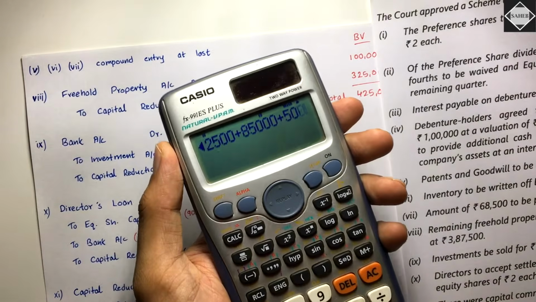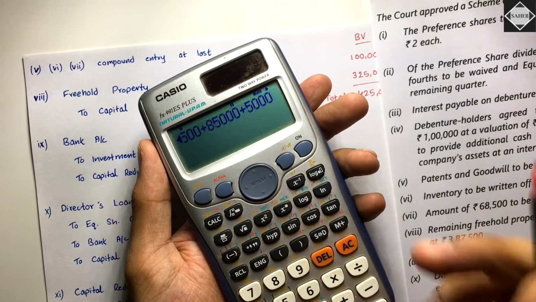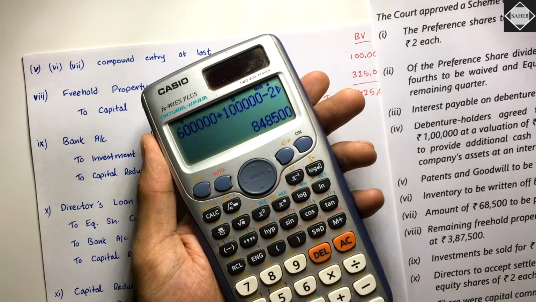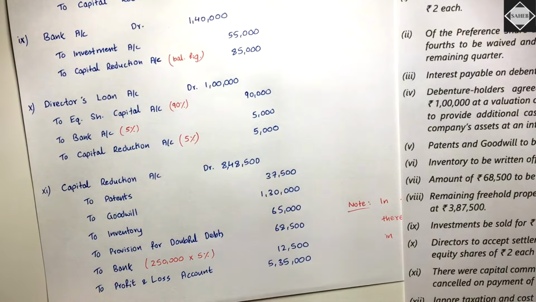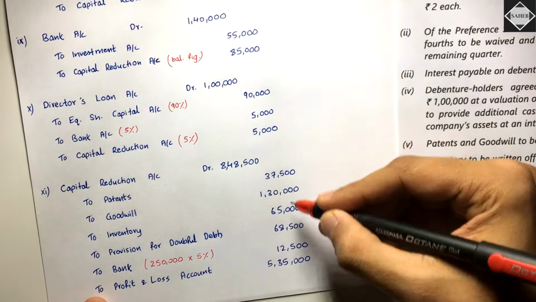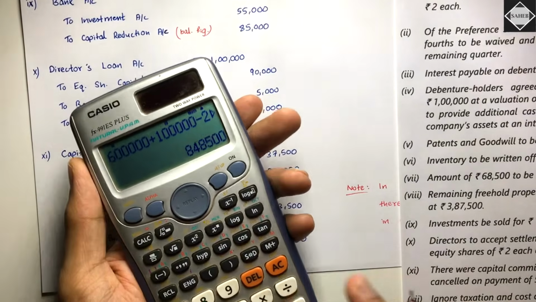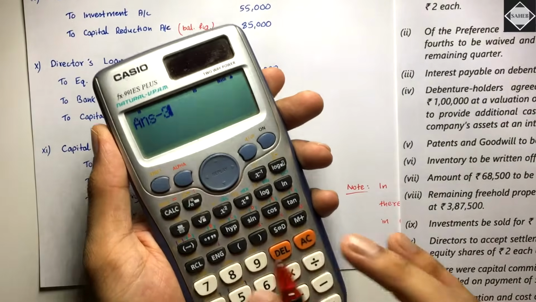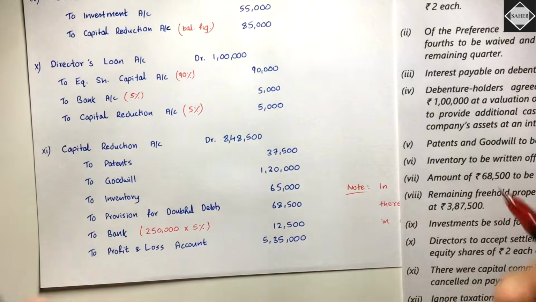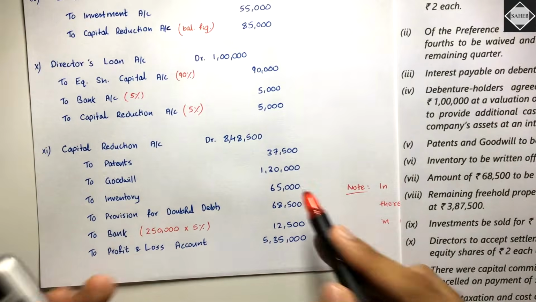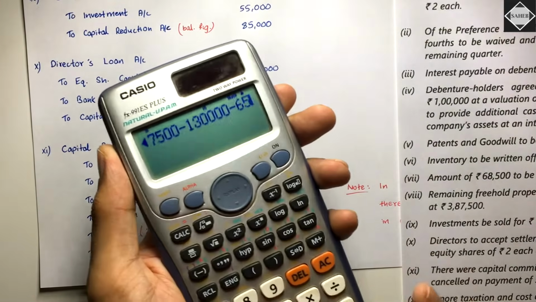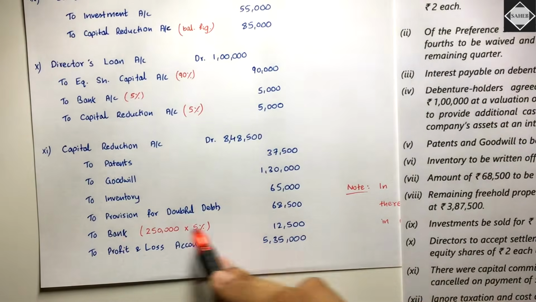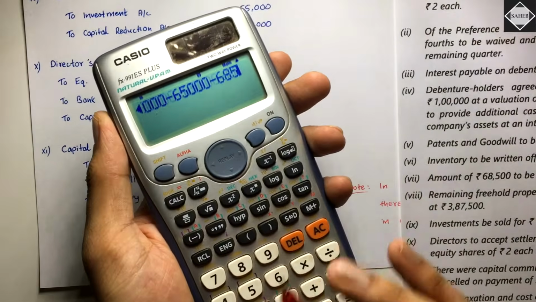So plus 5,000. Now you will get the balance, whatever balance is there in the capital reduction account, which is equal to 8,48,500. Now you have to go on subtracting all these, right? 8,48,500 minus 37,500, the amount you have to utilize to write off the patents, and then for goodwill 1,30,000, and then for inventory 65,000, and then for provision for doubtful debt 68,500.